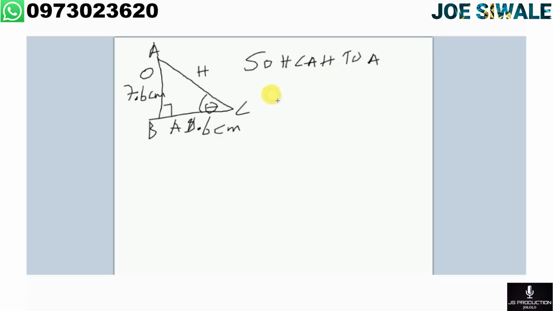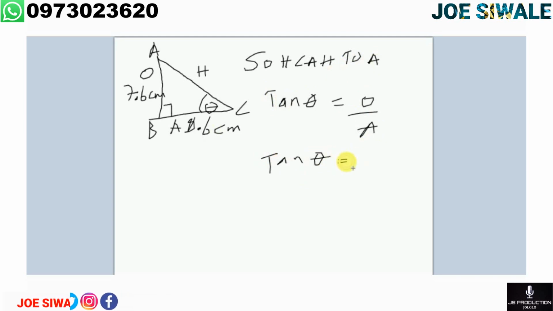So I'll say tan theta is equal to opposite over adjacent. So tan theta is equal to opposite, that's 7.6, so 7.6 over adjacent, that's 8.6.